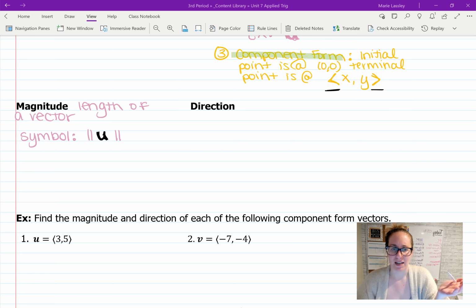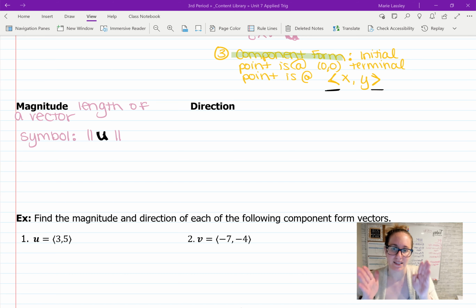So however you're naming it, sometimes you're going to see component form inside the magnitude symbol, and that indicates the magnitude of this component form vector. You could see the uppercase letters inside that, the little double absolute value. Just the double absolute value itself, that's the symbol. And then inside you're going to put whatever vector it is that you want to find the magnitude of. Now, to find the magnitude, it's actually really easy.